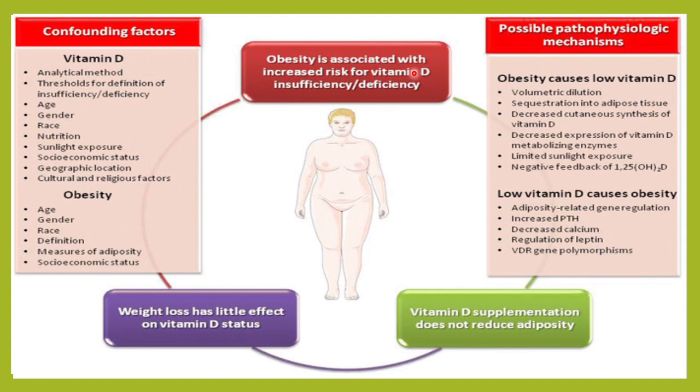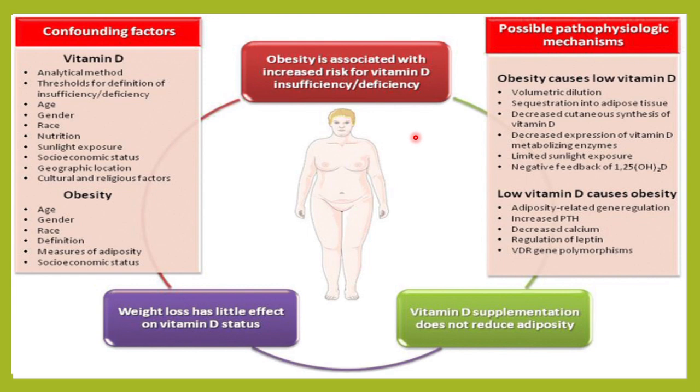Suppose a patient is very obese; that obesity can be because of vitamin D deficiency. Obesity can be due to various factors, but one of the factors can be vitamin D. And also, obesity can lead to low vitamin D. Both of them are interrelated. When the patient is obese, the fat cells can trap the vitamin D and present as vitamin D deficiency.